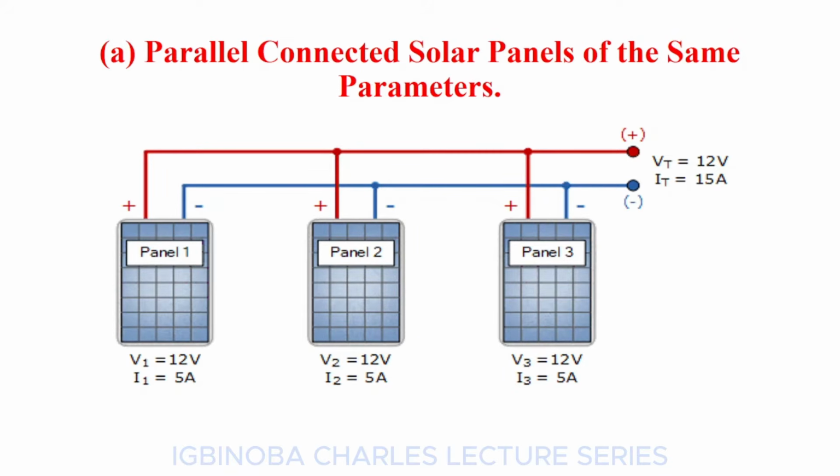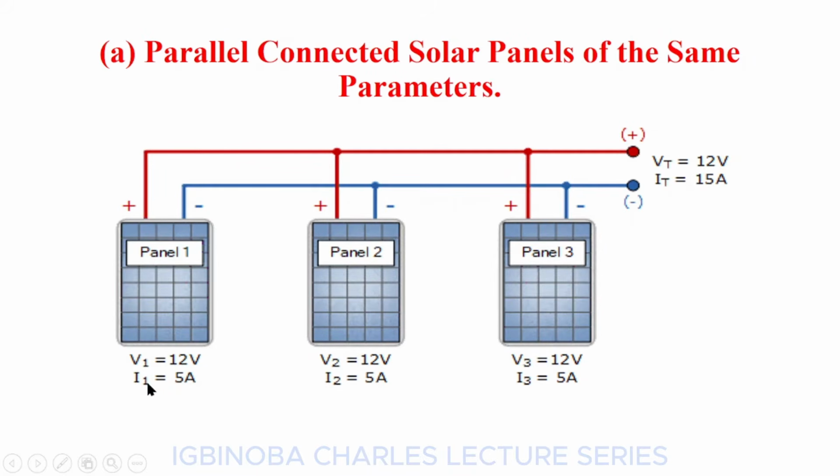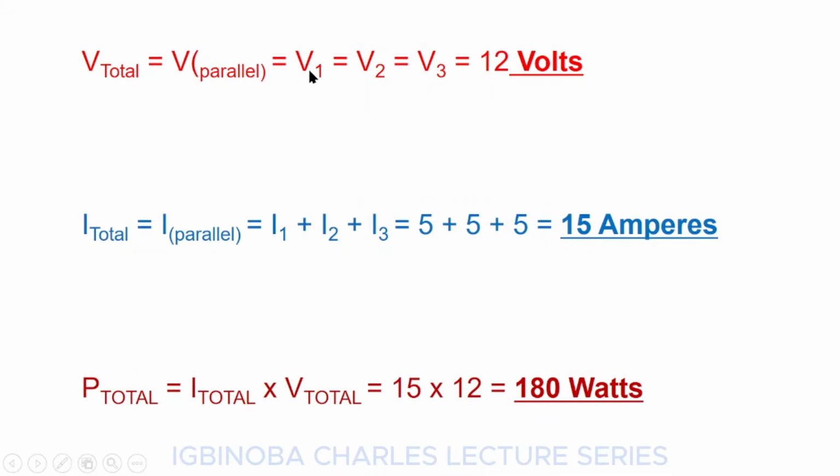So in this case, since all the panels are connected in parallel, the total voltage VT is equal to the voltage of one of the panels. Since all the panels have the same voltage, we just take one to be our voltage. So our total voltage is equal to 12 volts.